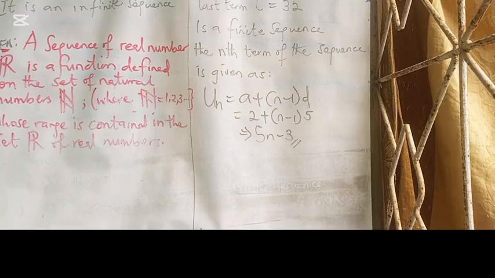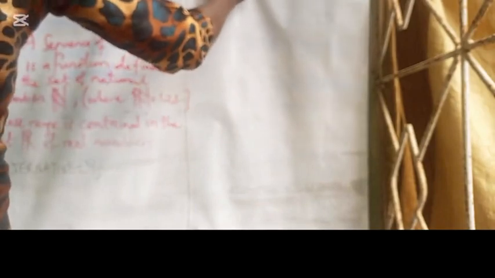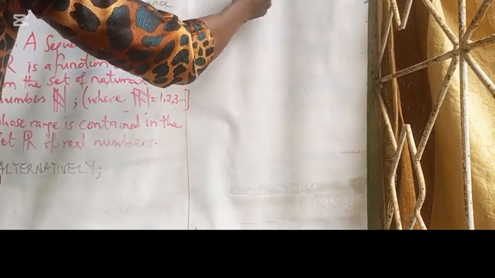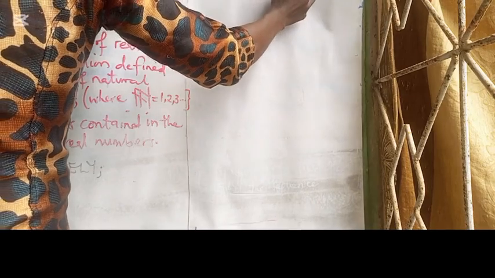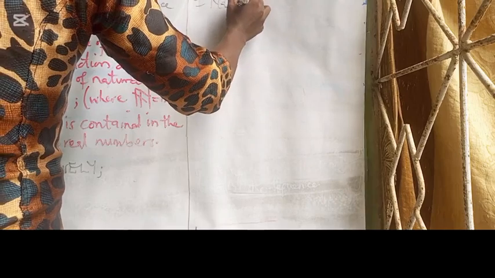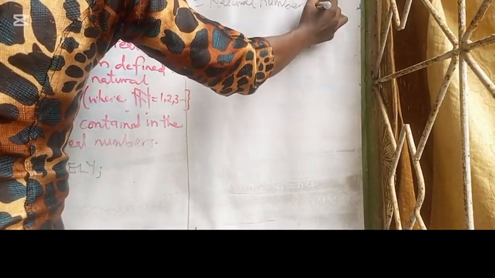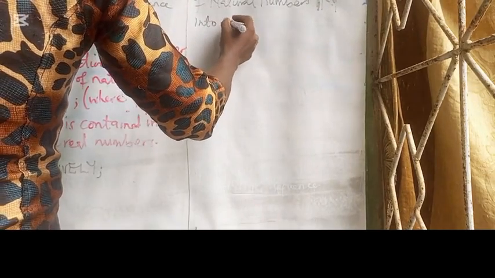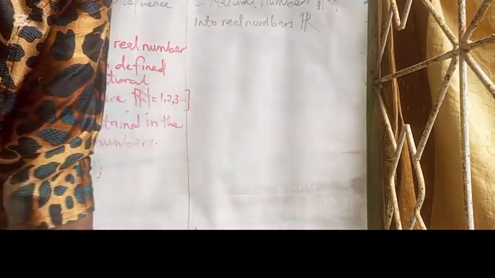Alternatively, we can say a sequence of real numbers exists when there is a map of natural numbers N into real numbers R.